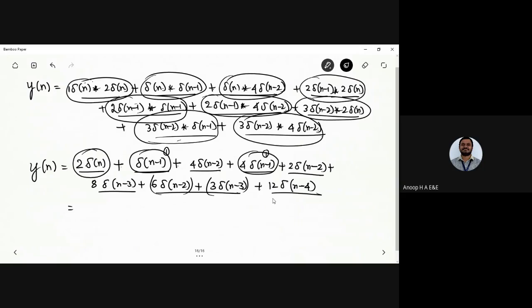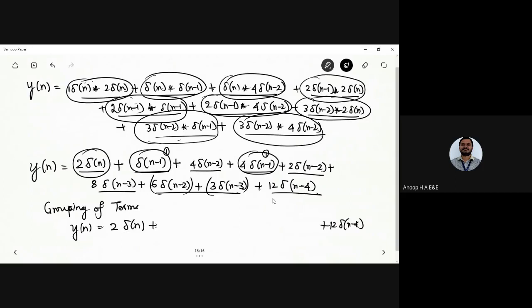So what I can do here is grouping of terms. I'm doing the grouping of terms. y of n is 2 times delta of n plus, I need to group the terms associated with delta of n minus 2, n minus 3, and you have only one term, that is 12 into delta of n minus 4.